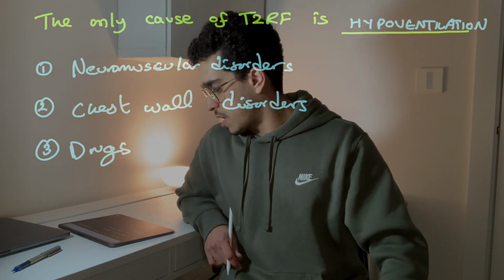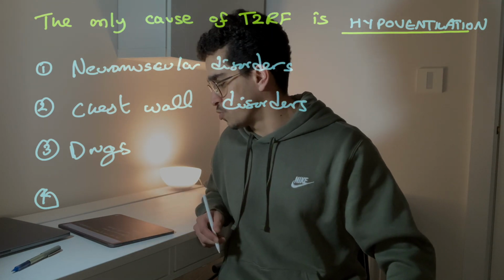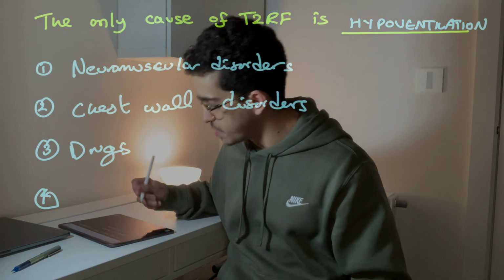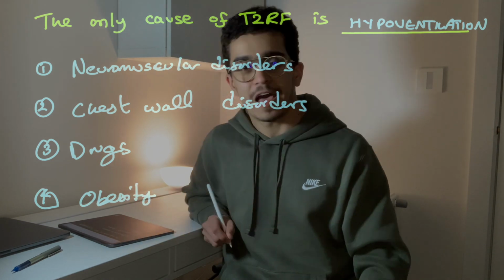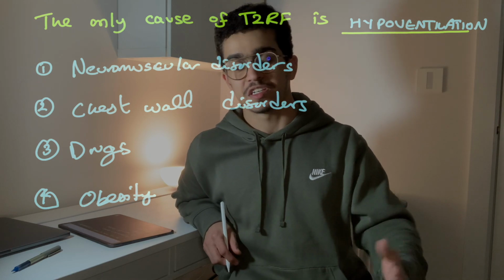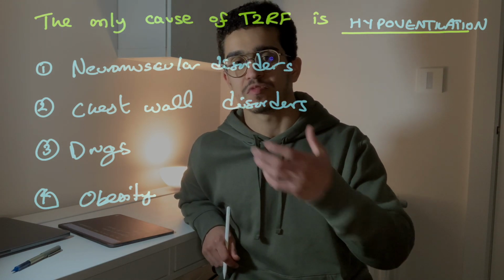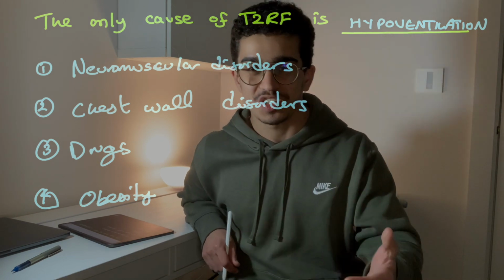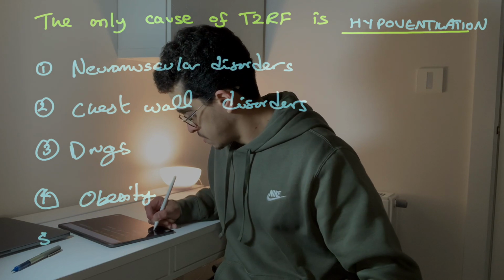And what else can cause hypoventilation? Obesity. When someone has obesity, the chances of them having sleep apnea increase, and sleep apnea is when there's a partial or complete obstruction of the upper airway, which can potentially lead to hypoventilation. Okay, what else?